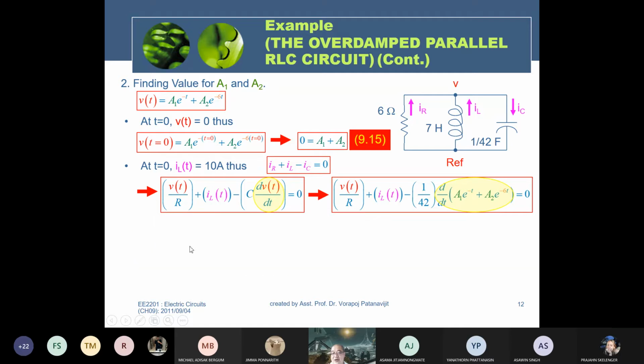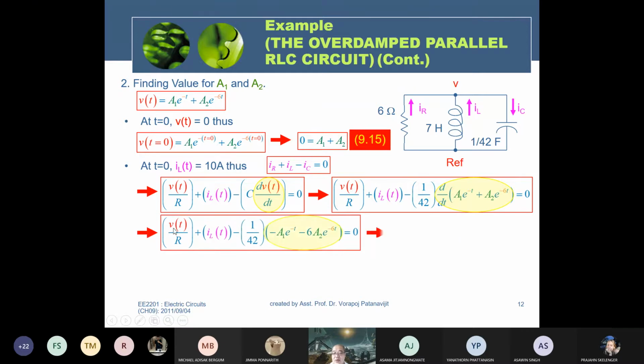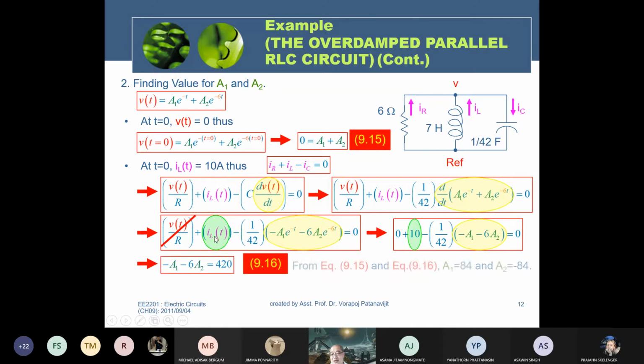Substitute them here. V at time 0, from the previous initial condition, gives you 0. IL at time 0 equals 10. Now you take the derivative of this term: the derivative of e^(-t) gives you -e^(-t), and the derivative of e^(-6t) gives you -6e^(-6t).